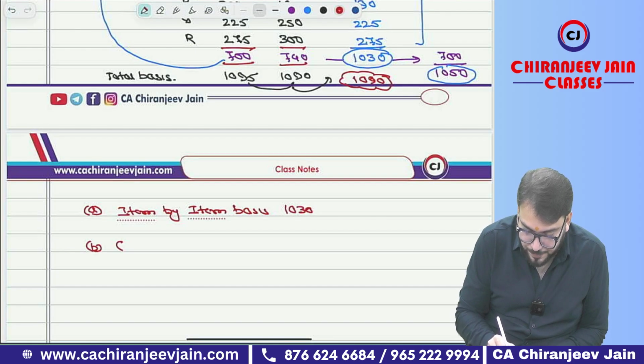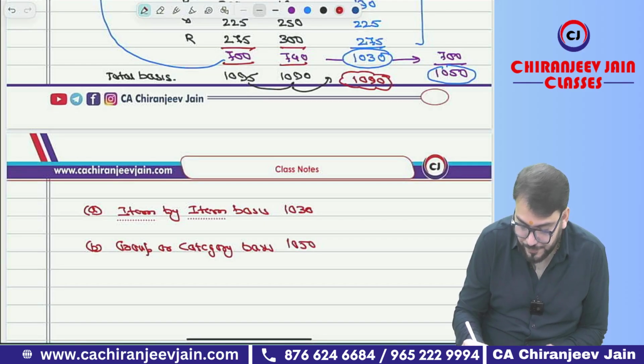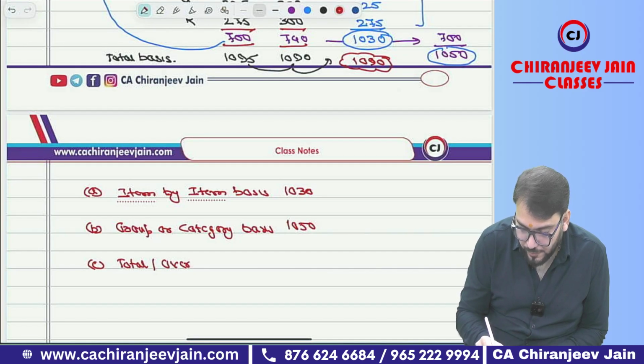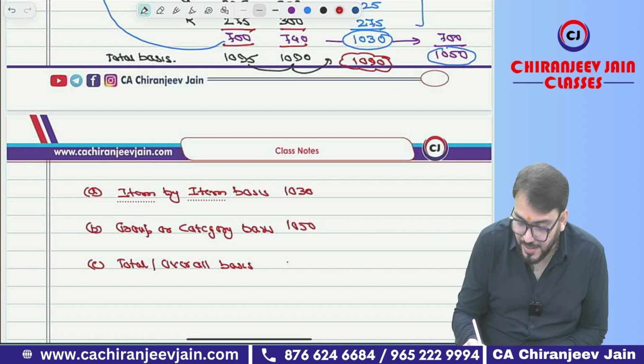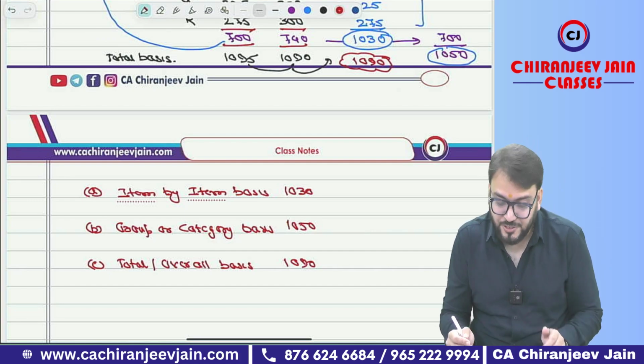If I say group or category basis, what is the answer? 1050. And point number C, total, or we call it overall basis, what is the answer? It is 1090. So you can see you are getting different answers on different bases.